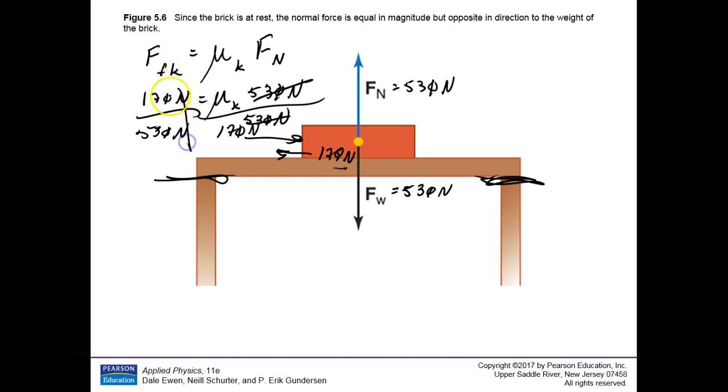As the newtons go out, you could even make the zeros go out. That's fine too. 17 divided by 5.3. Mu sub K for wood on wood, that would be what? 17 divided by 53 here. 170 divided by 530. Anyone get it?